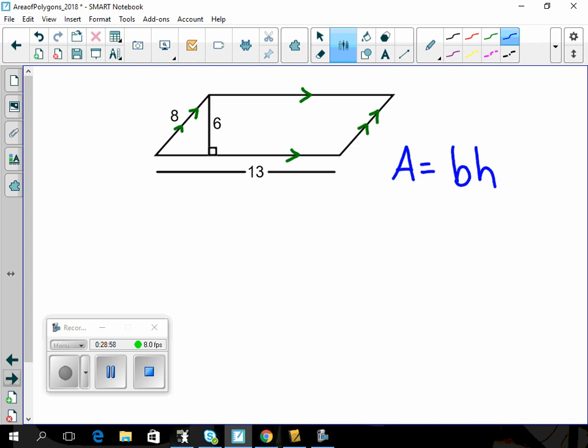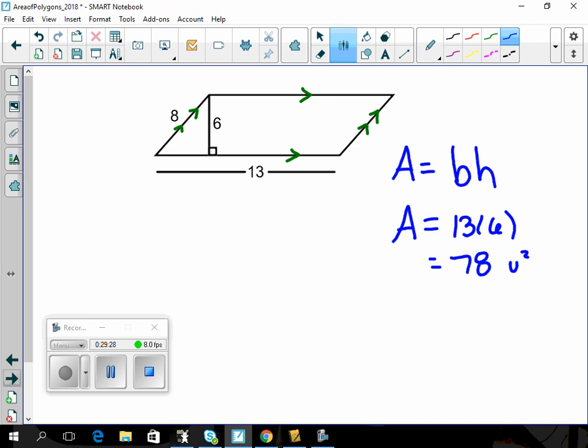Do I have that information on my picture? Yeah. It's just 13 times 6. What information on the picture is extra? 8, I don't need it. It's just the base times the height. So the area of this is just 13 times 6. What would you get? 78. Good. And I'll just put units squared.